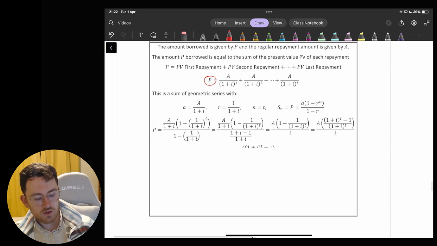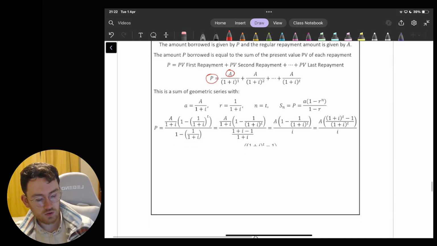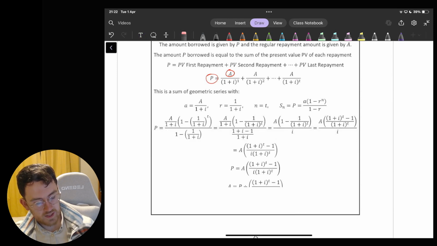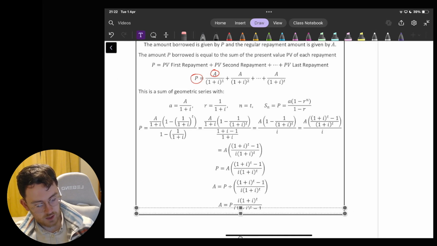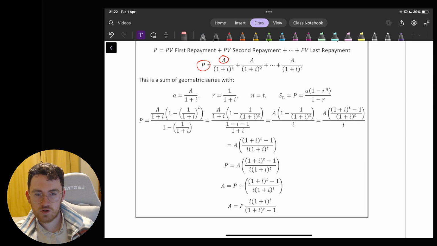However, what we're looking to derive is a formula for A, so our overall goal is always to try and get A on its own. We get to a point where we have P equal to A times 1 plus i to the power of T minus 1, over i times 1 plus i to the power of T.